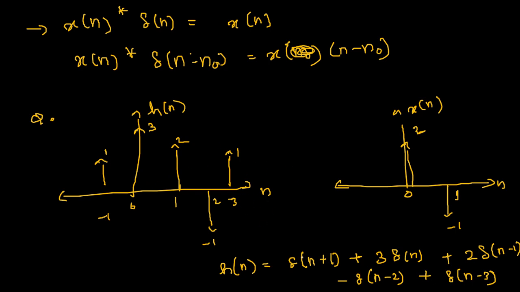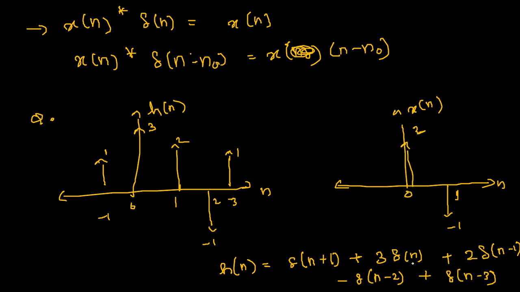What we were trying to do is represent both our input function as well as the unit impulse response in terms of the delta function alone, right? If we have the delta function at -1, it's denoted by delta of n plus 1. That is, the delta function has been shifted one unit to the left.